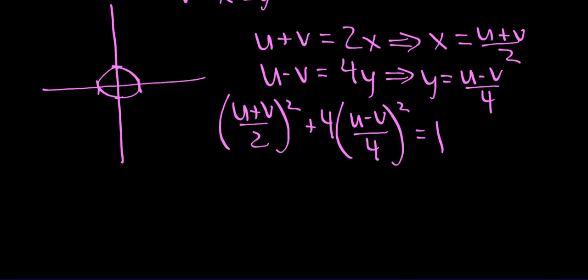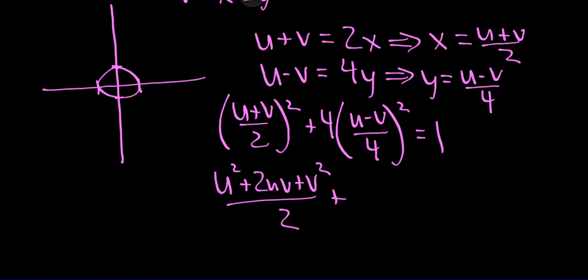Okay, so here I go. I've got (u squared plus 2uv plus v squared) over 2, plus, let's see what this is going to be. Oh, this is 4 down here, isn't it? Yes. Okay, over here, you're going to have 1/4 as well.